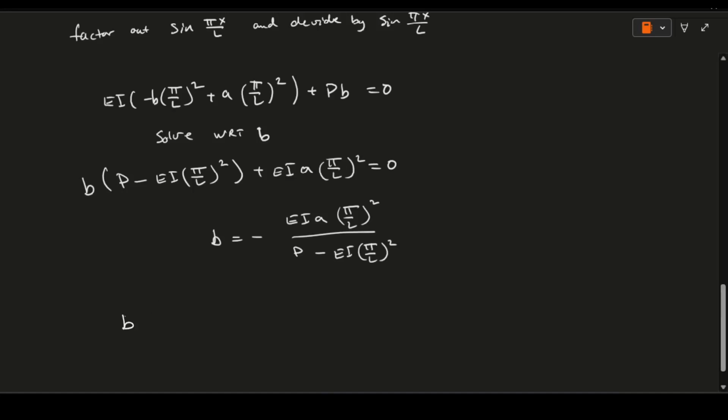Okay, so b is equal to a times minus pi squared EI over P L squared minus pi squared EI.